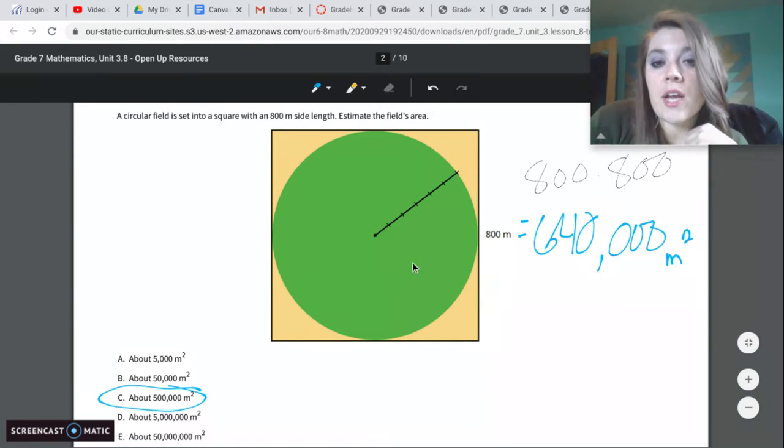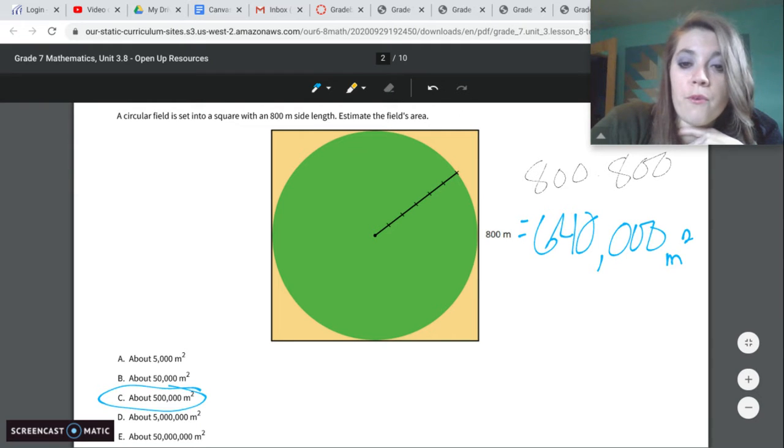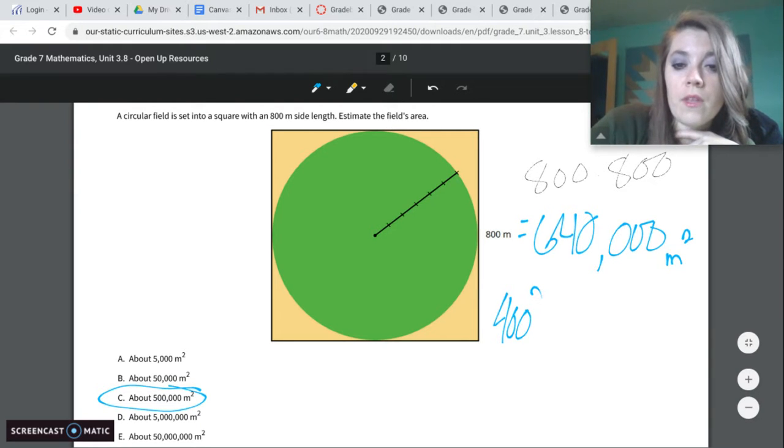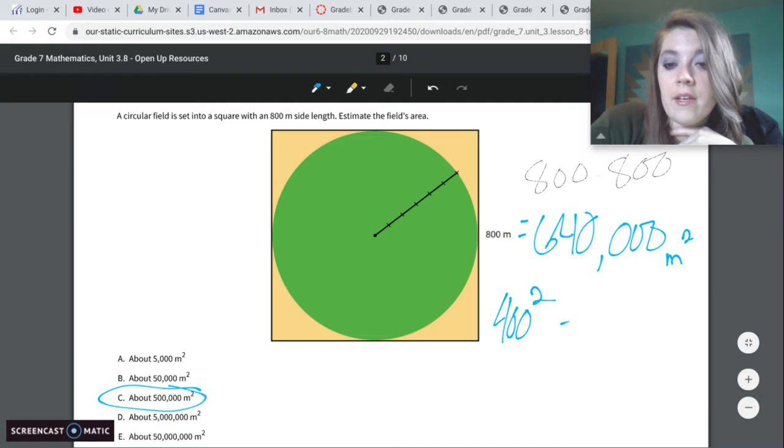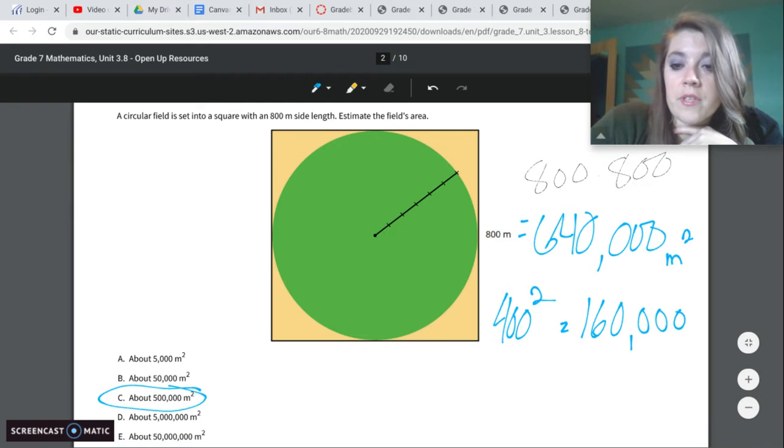Now, another way we can check this, the radius of this circle is going to be half of the square's side length. So that means it's 400. So finding the area, we're going to square 400. So 400 squared is going to equal 160,000.